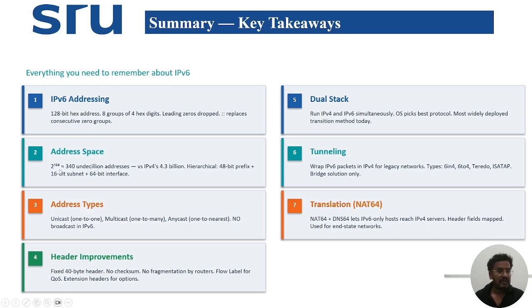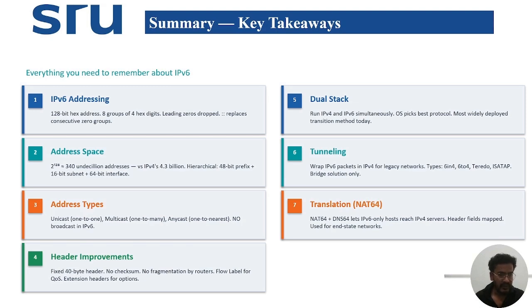Address space is 2 to the power of 128, about 340 undecillion addresses, versus 4.3 billion IPv4 addresses. Address types: unicast, one to one; multicast, one to many; and anycast, one to nearest. So no broadcast in the IPv6 model.